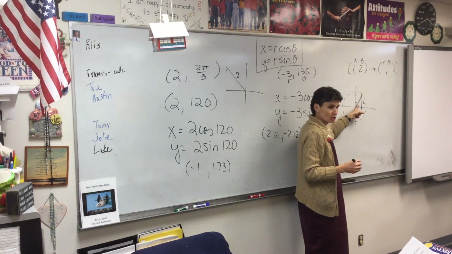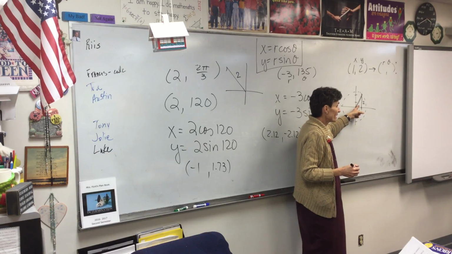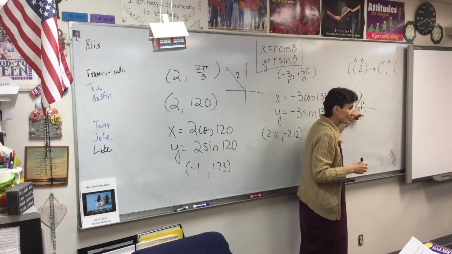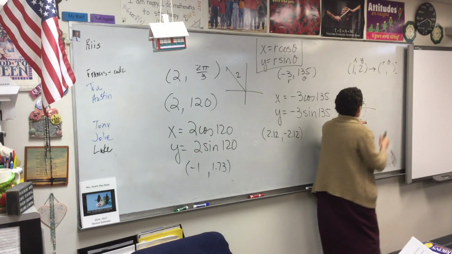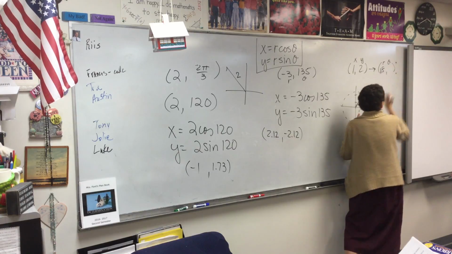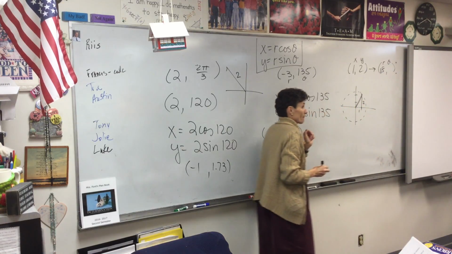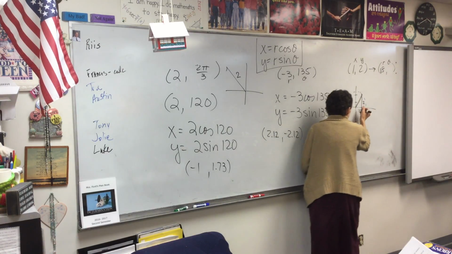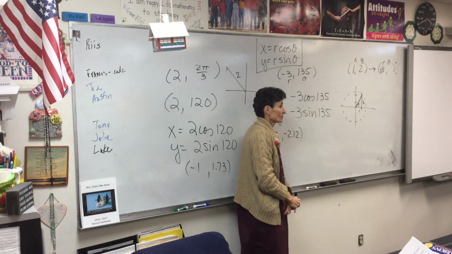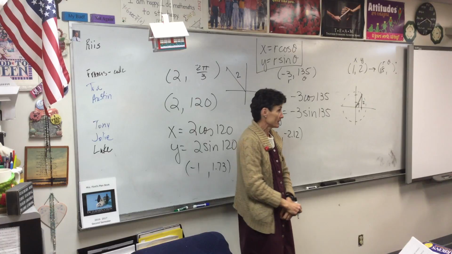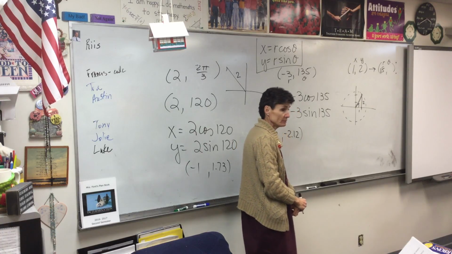Isn't that the magnitude of the vector? Yeah. So R is nothing more than the magnitude. You already know how to find magnitude. You do the Pythagorean theorem. So that's going to be root 5. This is called the direction angle. You know how to find that too, or at least I hope you do, because it's on the quiz tomorrow.